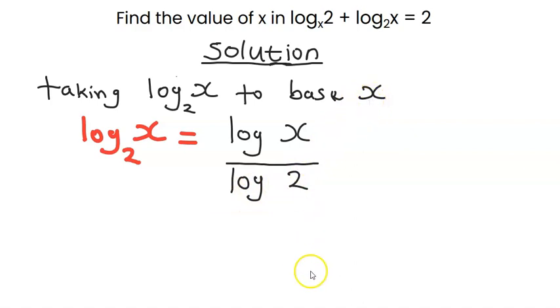Because I'm taking it to base x, I'm going to put the base here as x. Because of this x, I'm taking both base 2 and x. And we know that when a log and a base are the same, it cancels out. It turns to 1.